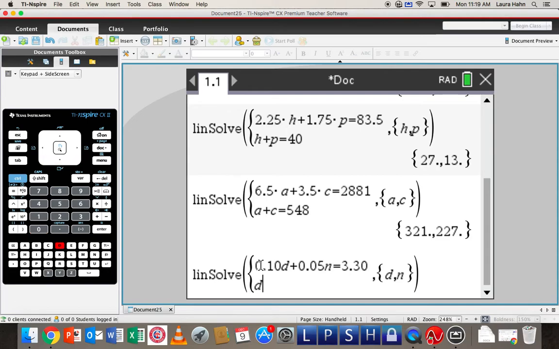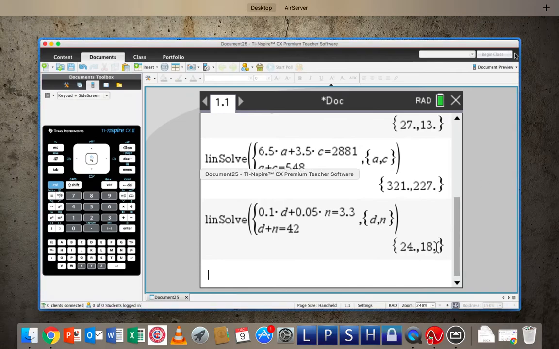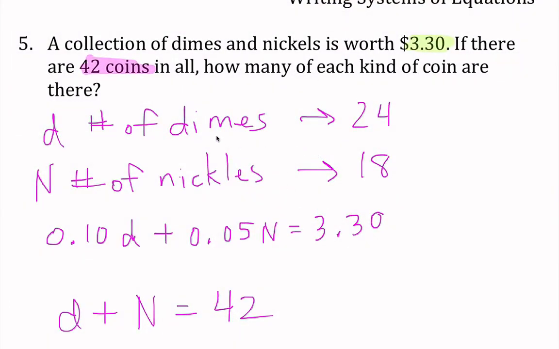My next equation is d plus n equals 42. So pay attention to how we wrote our letters. It's going to be dimes, comma, nickels. So I know we have 24 dimes and 18 nickels. So we had 24 dimes and 18 nickels.